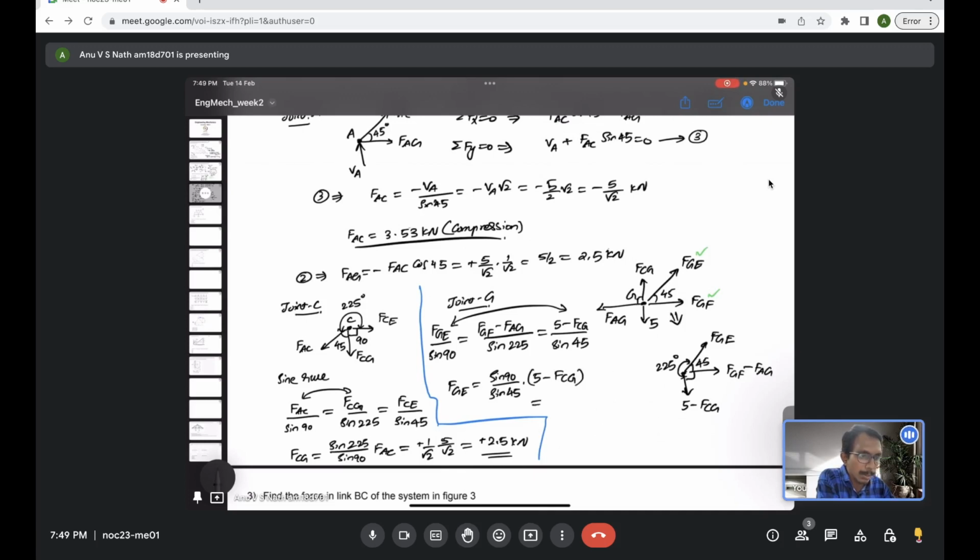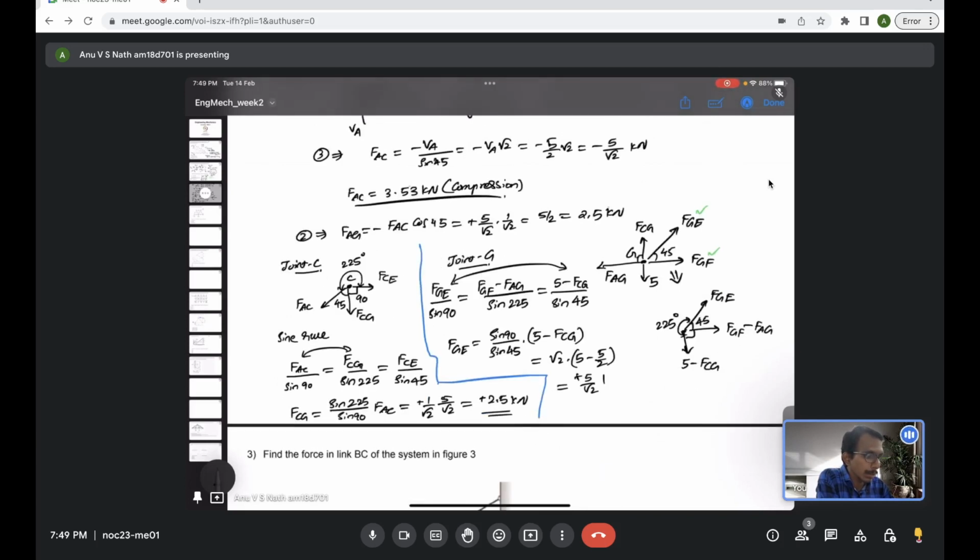So sine 90 is 1, sine 45 is 1 by root 2, so the combination will make it root 2 times 5 minus FCG. FCG we have just evaluated, it is 2.5 kilonewton, or 5 by 2, so 5 minus 5 by 2 is 5 by 2. Now you will see it's 5 by 2 times root 2, which is 5 by root 2. So it's plus 5 by root 2 kilonewton.